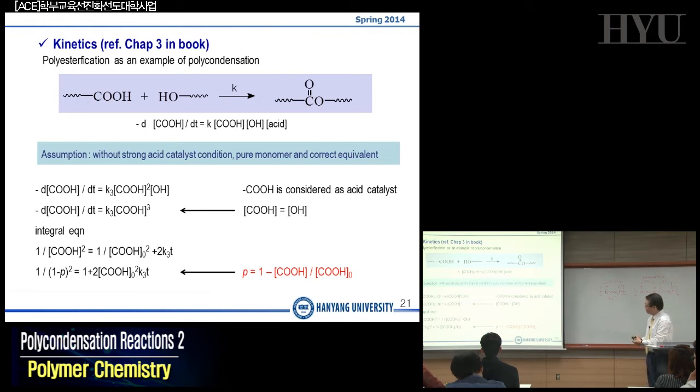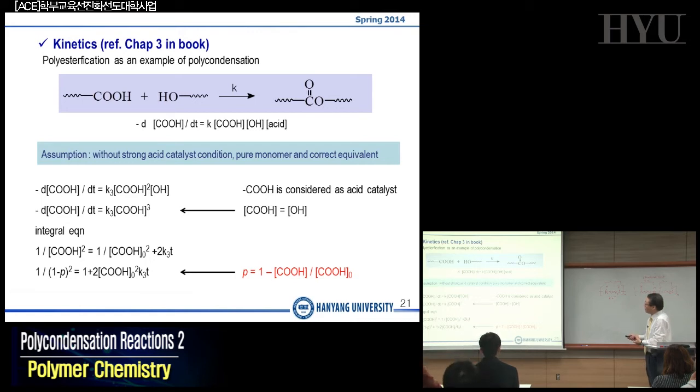Okay. And also, an assumption is that we do not have any strong acid catalyst concentration, so we can neglect this in this case. Let's assume that this acid concentration is negligible. Right?